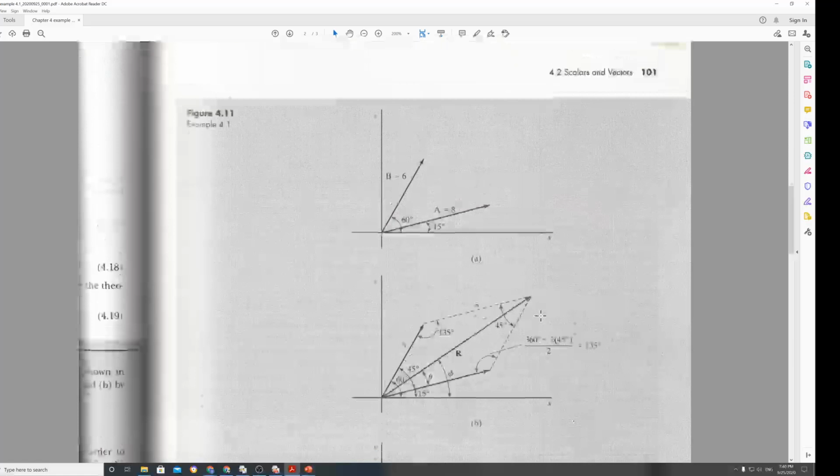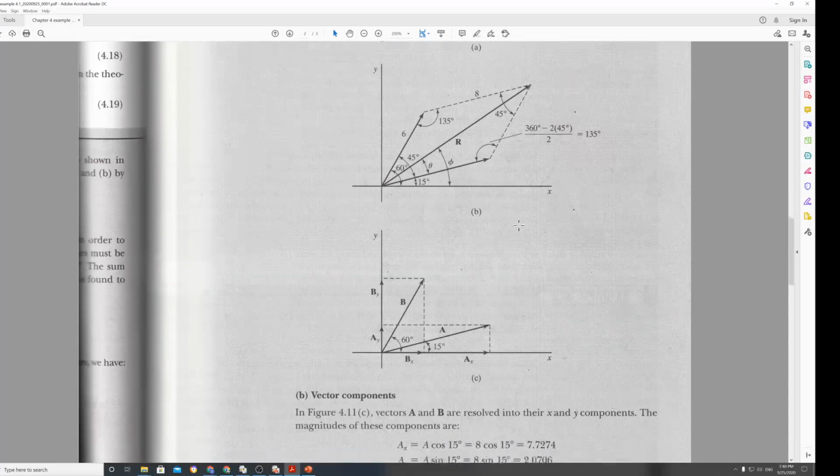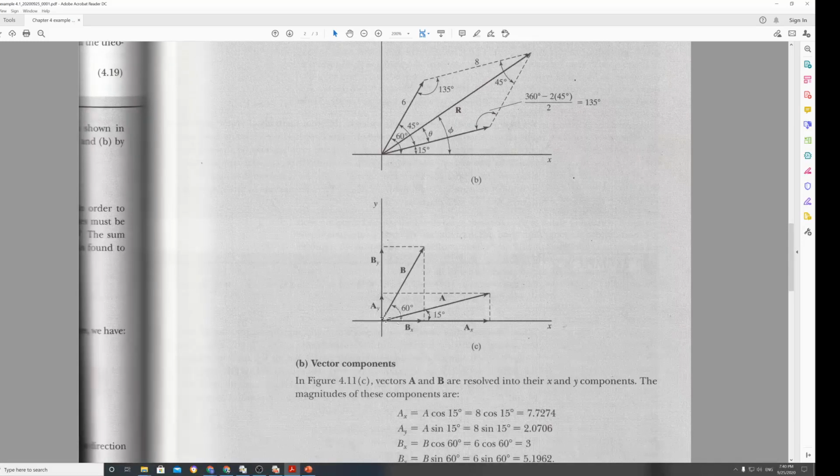We can also do it with a component method. So now we're going to use the cosine functions. The first part is breaking these up into their x and y components.